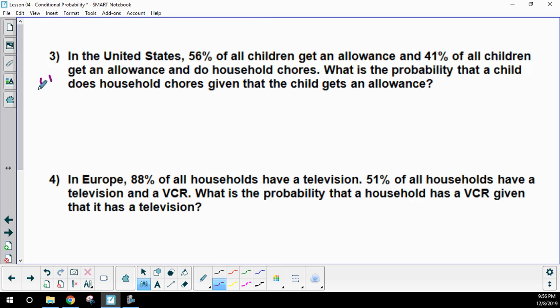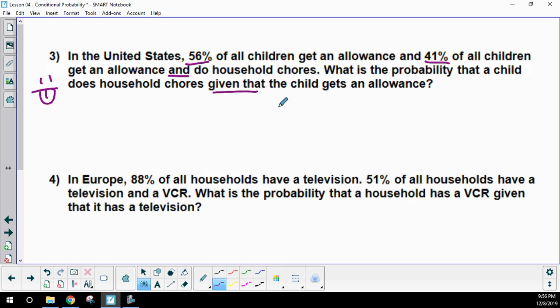In the United States, 56% of all children get an allowance, and 41% of all children get an allowance and do household chores. So 41%. Let me just get that 56%. What is the probability that a child does household chores given that a child gets an allowance?